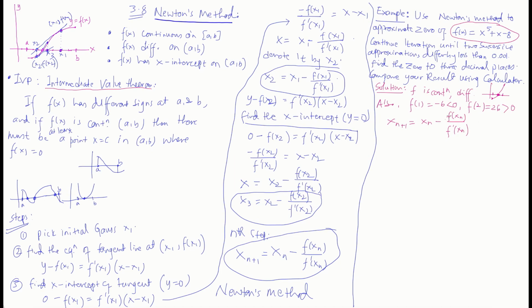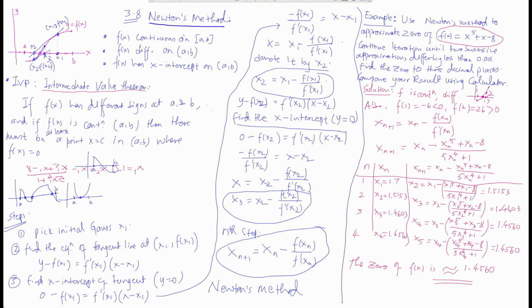Now I will find the value of f(x_n). So x_{n+1} = x_n - (x_n^5 + x_n - 8) divided by, what is the derivative of f? It is 5x^4 + 1, but you are replacing x by x_n. So it will be 5x_n^4 + 1. That's what you get, right?